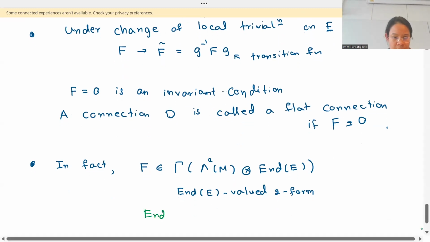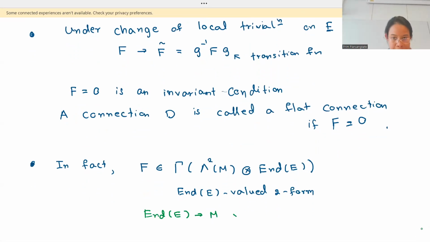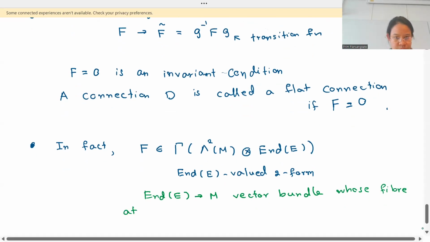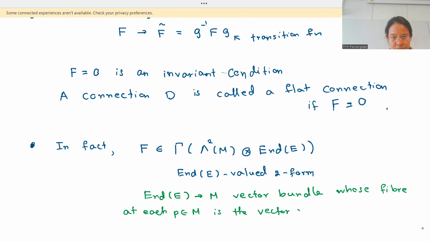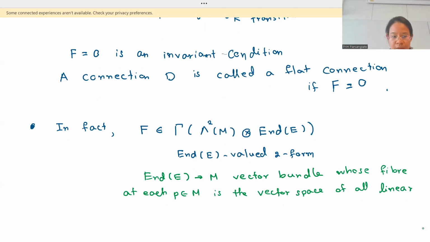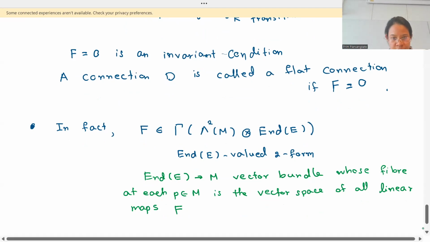is a vector bundle over M whose fiber at each point P in M is the vector space of all endomorphisms of the fibers, of all linear maps from the fiber at P to itself.